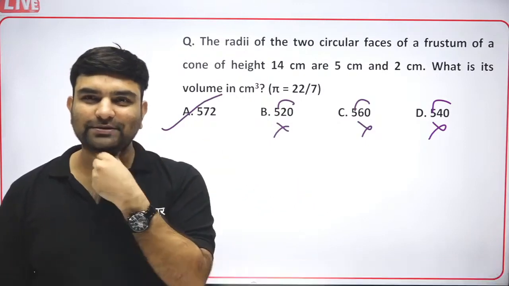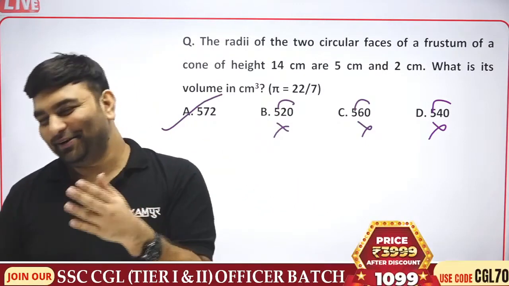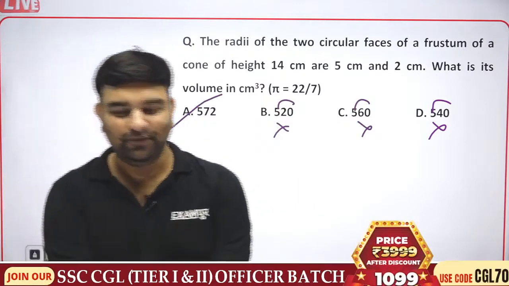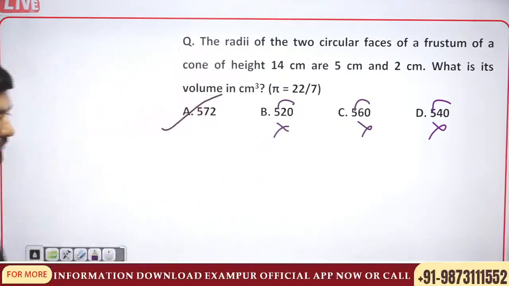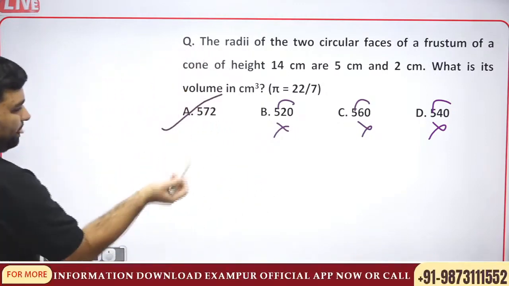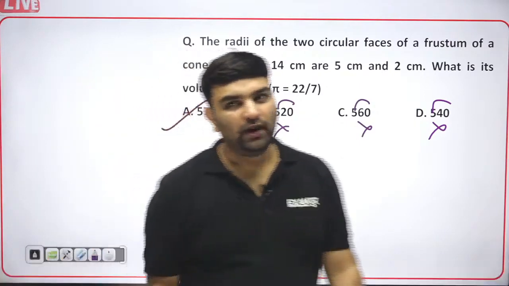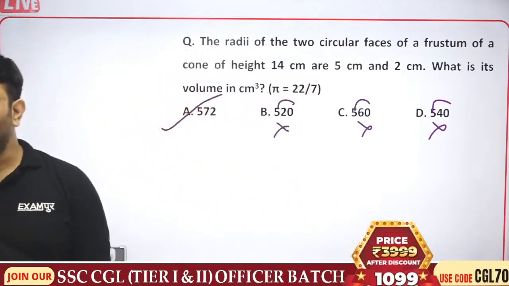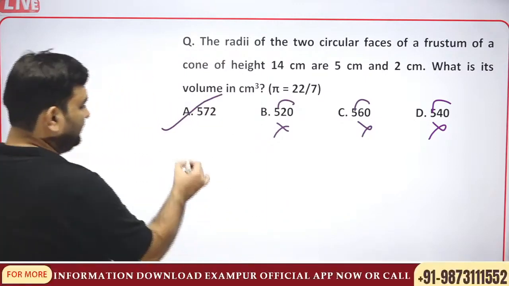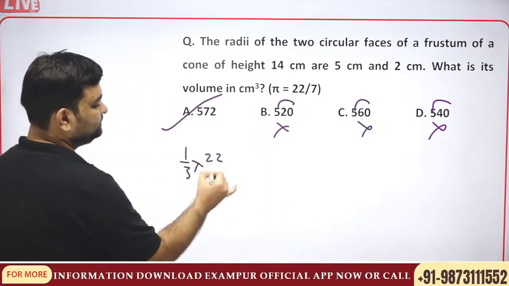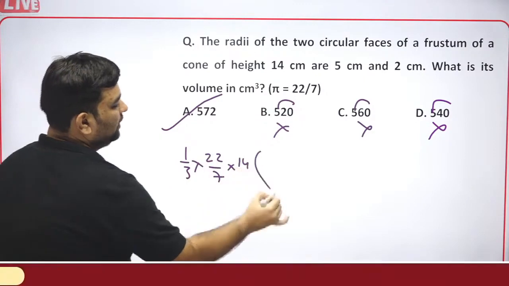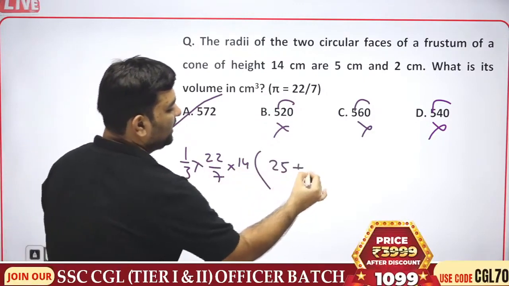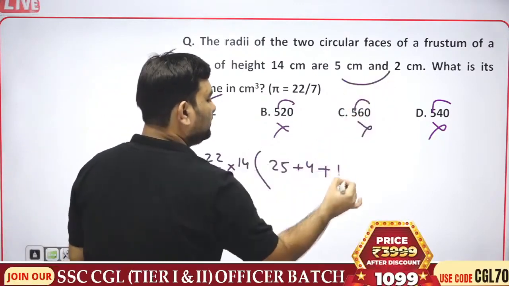Obviously there was only one multiple of 11, so we can mark it. Otherwise 1 by 3 pi h (r square plus r square plus r into r).